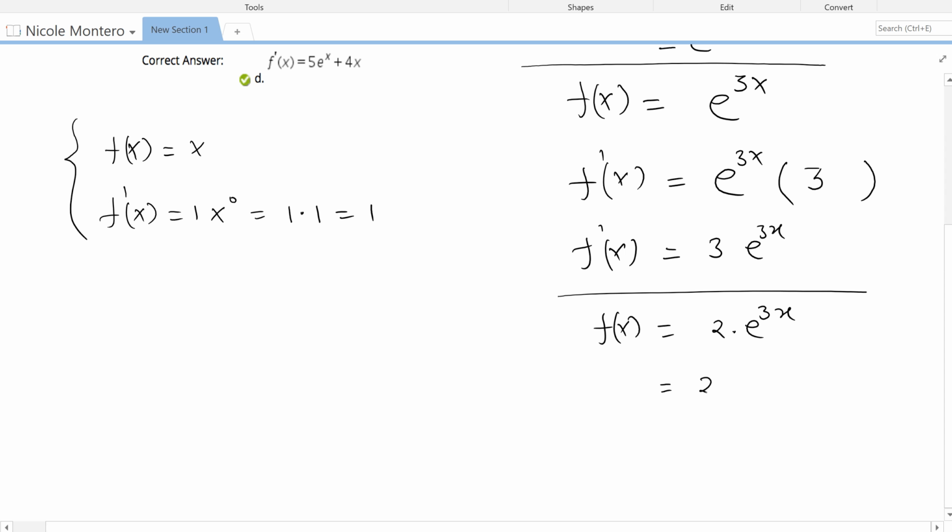So you keep 2 as it is, and then you do the derivative of this whole thing, and we're going to follow the same steps. Derivative for this thing is going to be this whole thing as it is, and in the bracket we do the derivative of the power, which is just 3. So we write 3 in the bracket. Now we multiply 3 with 2, which is 6. So we got 6e^(3x).